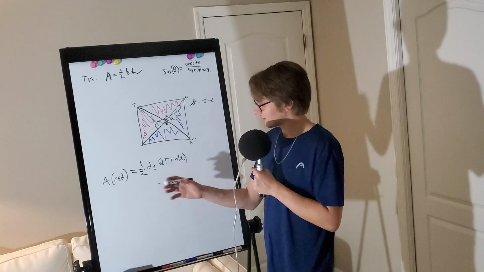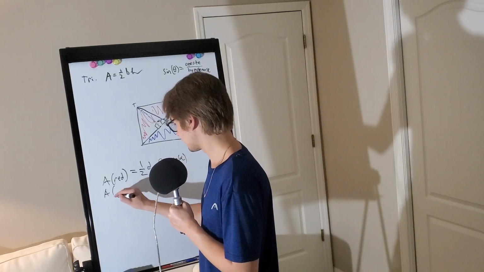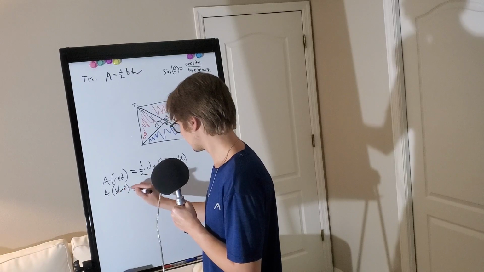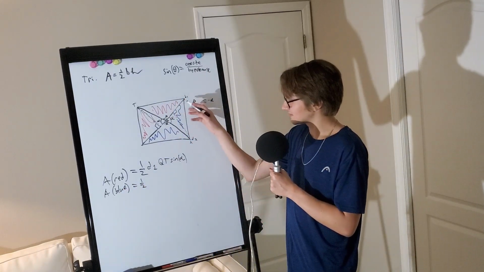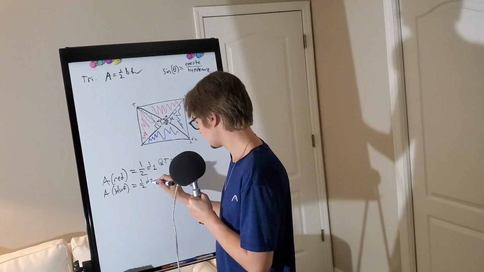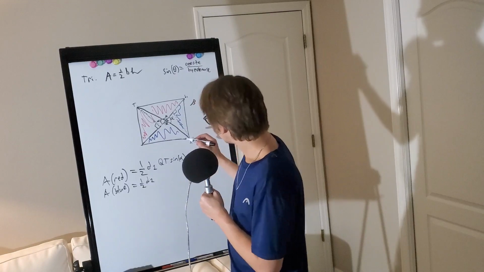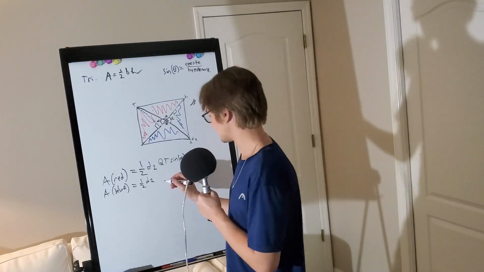All right. How about the blue? It's kind of similar. 1/2 times the base, which is also D1. We're using the same base for both. Times AQ times the sine of alpha.